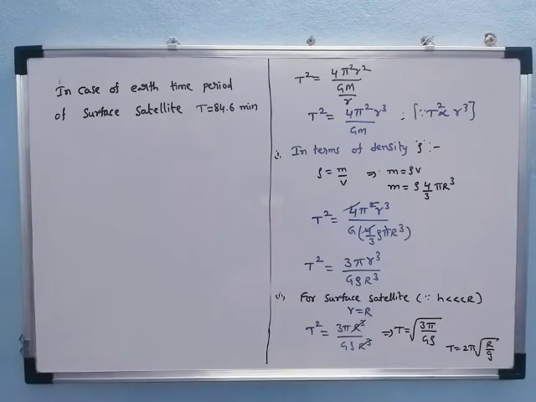This is an important point: for a surface satellite of the earth, the time period T is equal to 84.6 minutes.